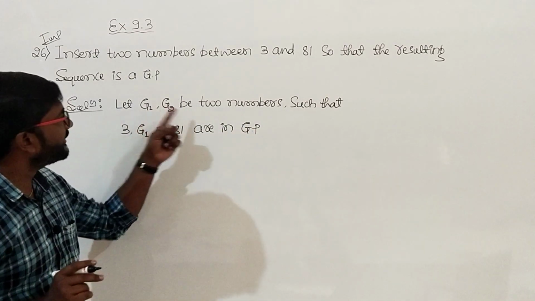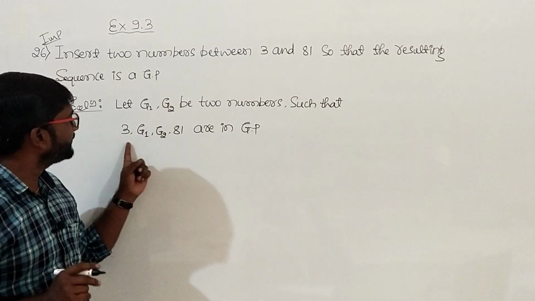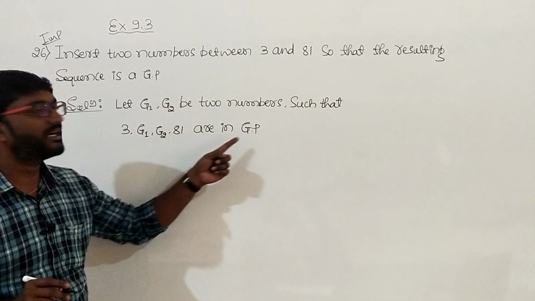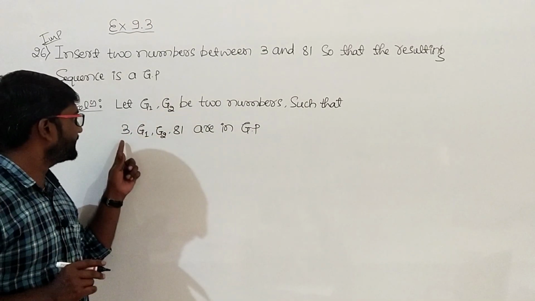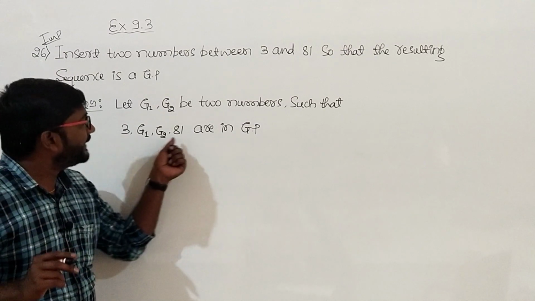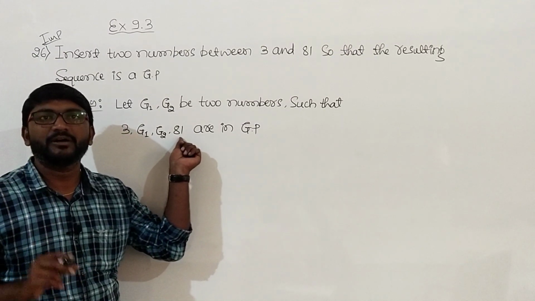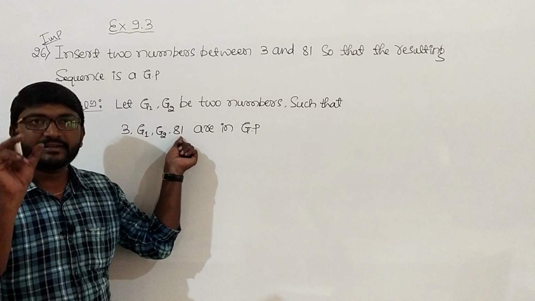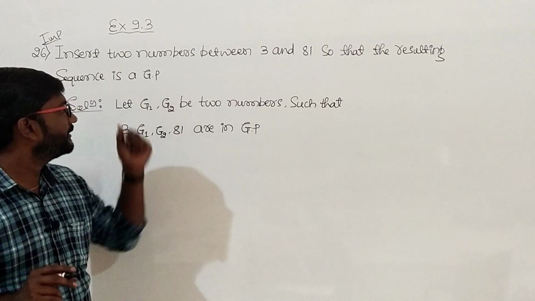So G1 and G2 are two numbers such that 3, G1, G2, 81 are in GP. Here the first term is 3 and the last term, that is the nth term, which you can take as small b, is going to be 81.